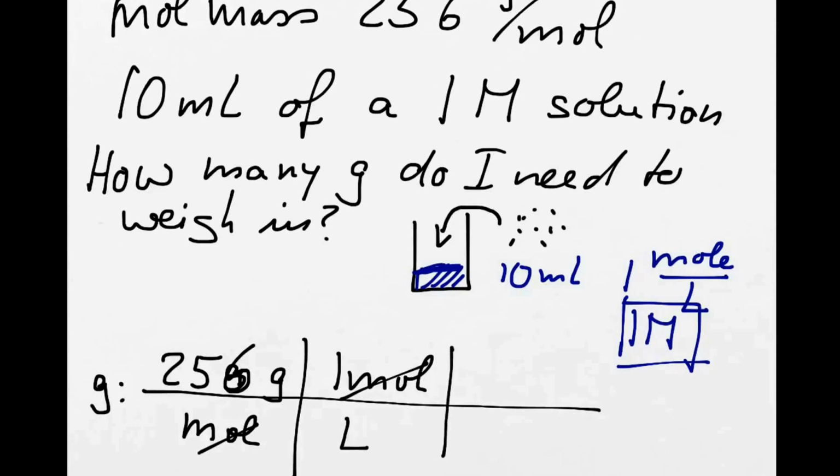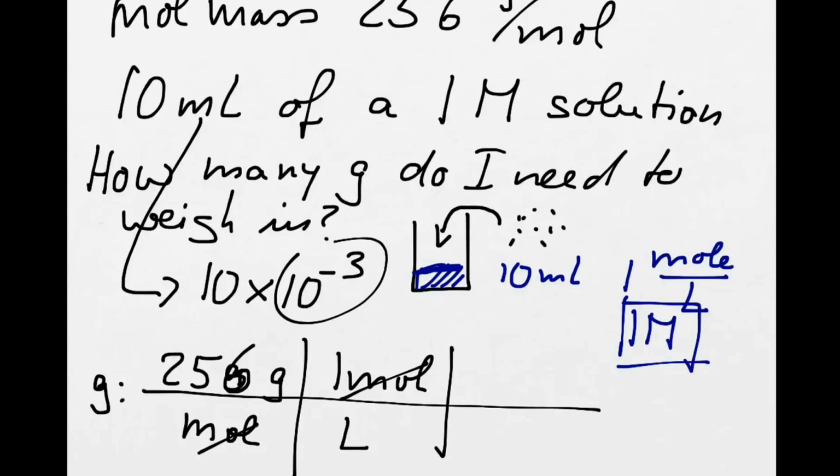We could convert 10 milliliter into liter. So we could say 10 milliliter, that is exactly 10 times 10 to the minus 3 liter.